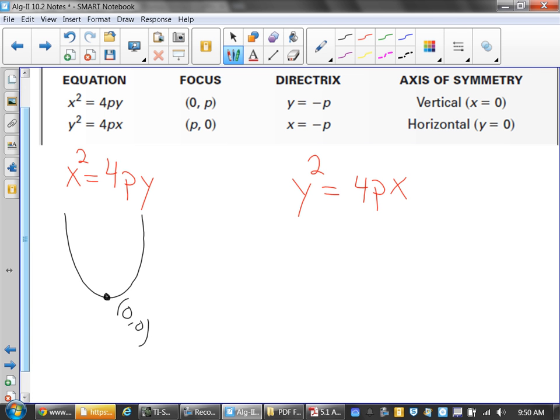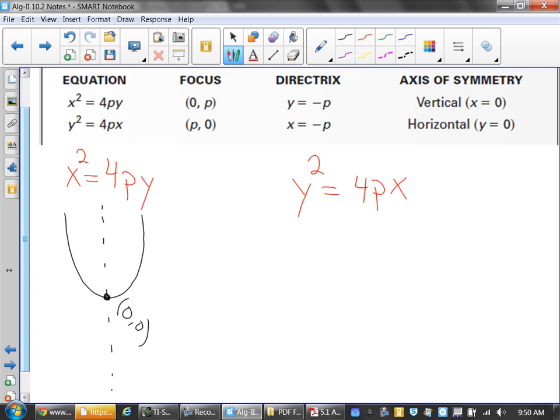Now, if my vertex is at 0, 0, and my focus is going to be vertically to that, what will be the x-coordinate for my focus? 0. Very good. If my vertex is at 0, 0, where's my axis of symmetry? It's at 0, isn't it? My axis of symmetry goes through 0 in this case.